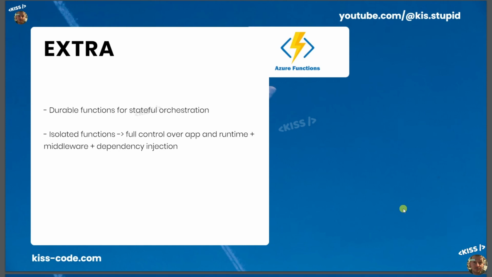Because the program.cs will be very similar, where you can configure everything in the dependency container, and then the actual execution of the functions that then can fully leverage the dependency container and the newest, latest .NET 8 features.